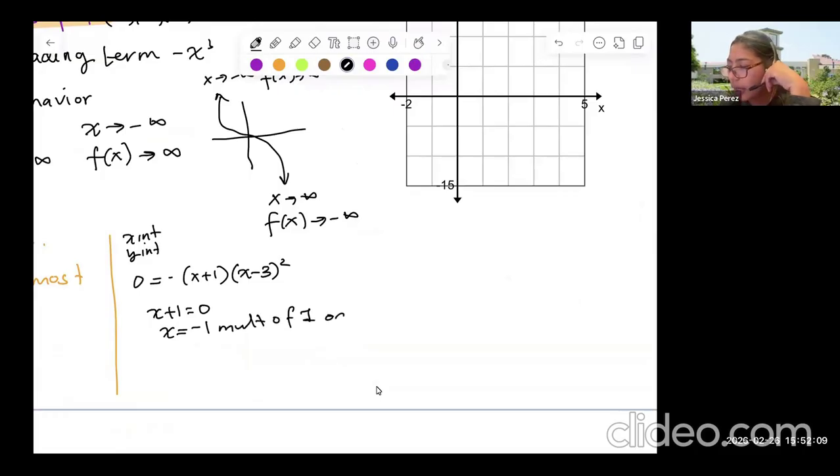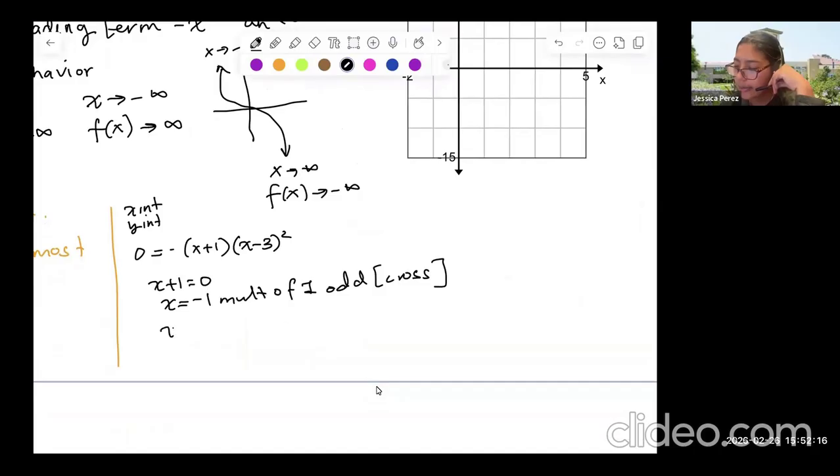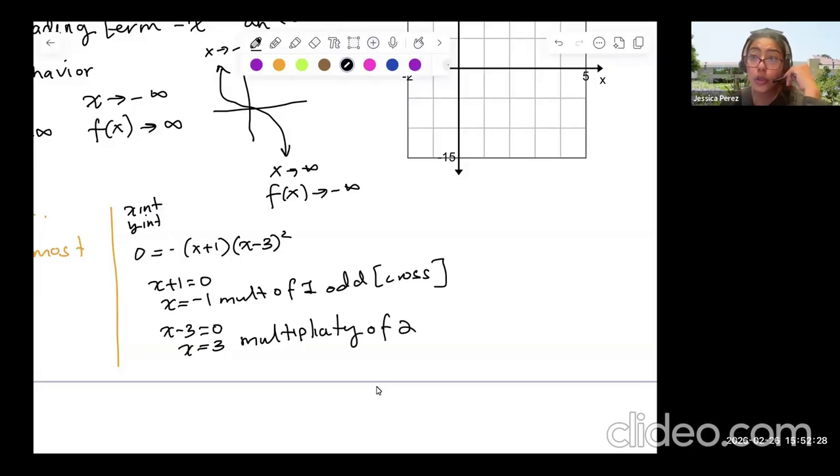That means we have an odd multiplicity, so it's going to cross the x-axis. And x minus 3, set that equal to 0. I get x equals 3, but this time it will have a multiplicity of 2. That means I have an even multiplicity, so it will only touch at that point.